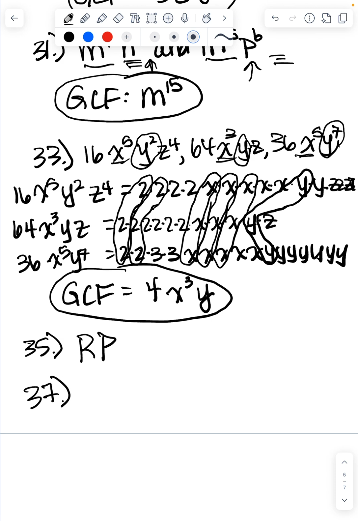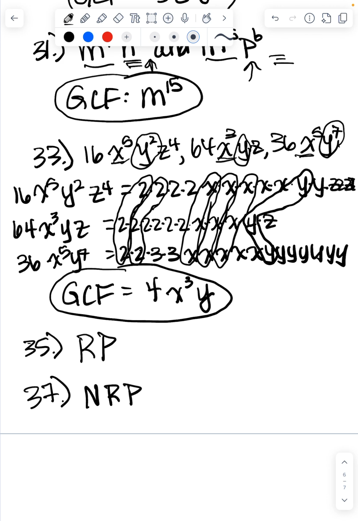Number 37, we have 21ab and 51c squared. Let me see. We can take out a 3 from both of them because 21, those digits add to 3, and 51, those digits add to 6, which is divisible by 3. So this is not relatively prime because you can take out a 3.